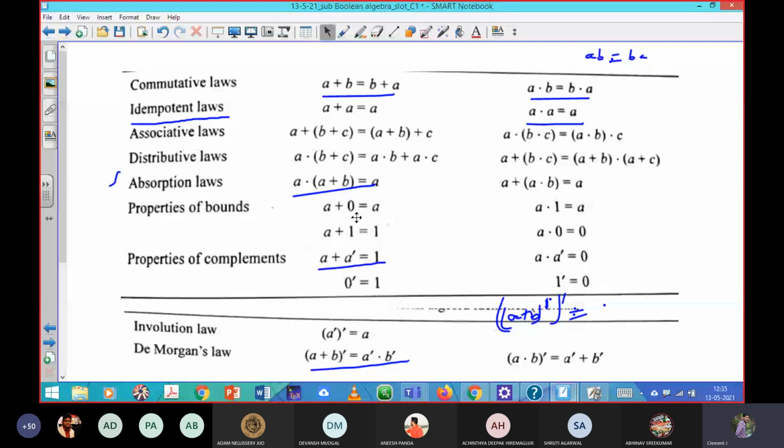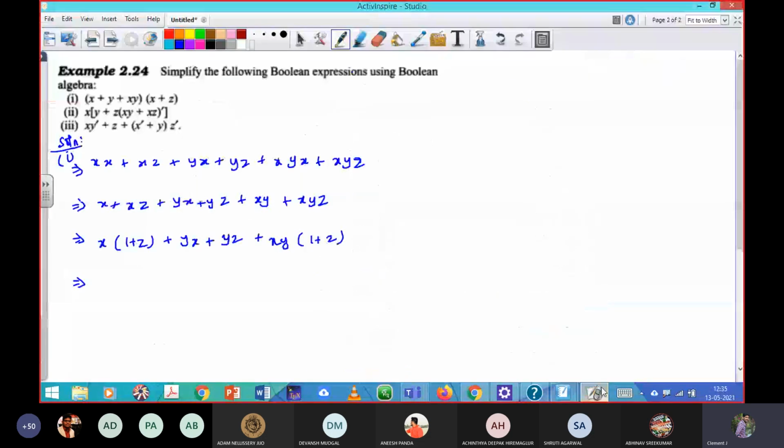Next, yx plus yz plus, here also 1. So after this, again I can take x as common. So 1 plus y plus z, xy. After this, x plus yz plus xy.